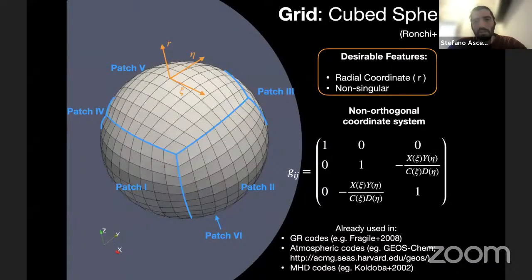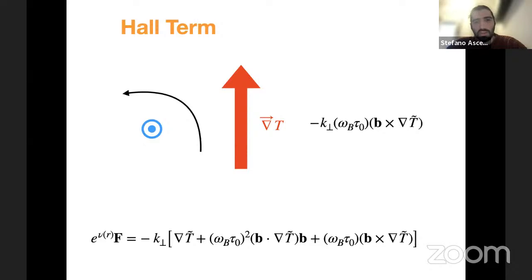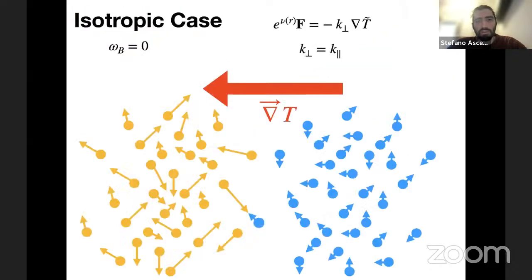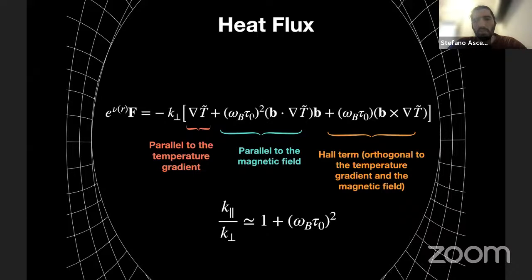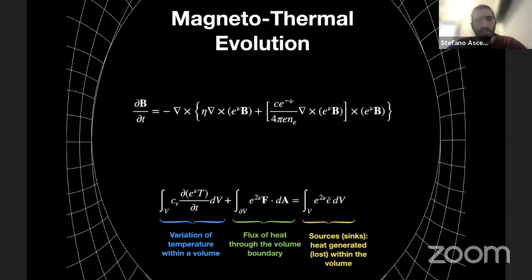I'm not very expert on this part, but we could derive this quantity omega b tau zero as a function of other basic quantities, such as the magnetic diffusivity, and it should be related, for example, to the density of electrons.